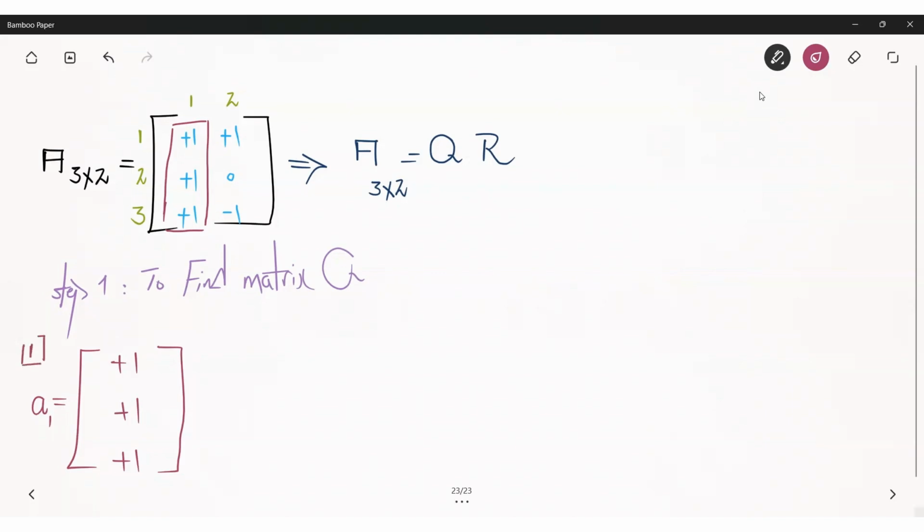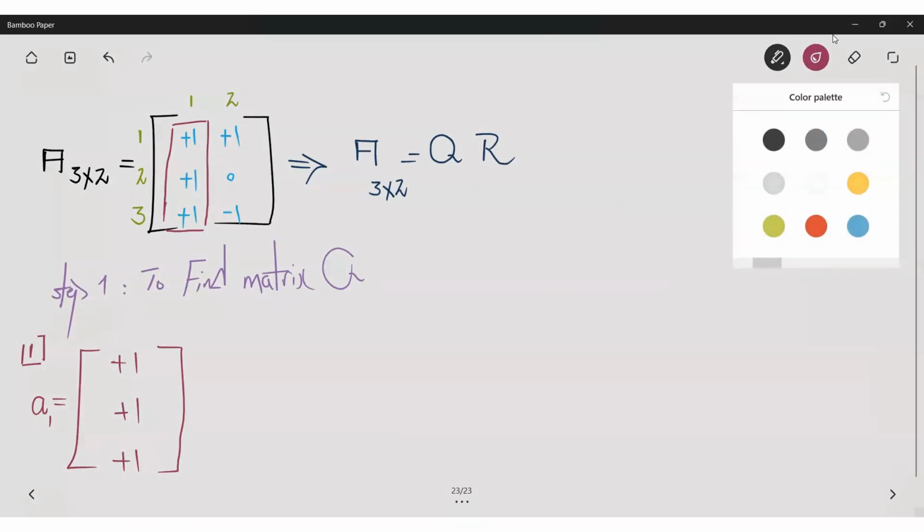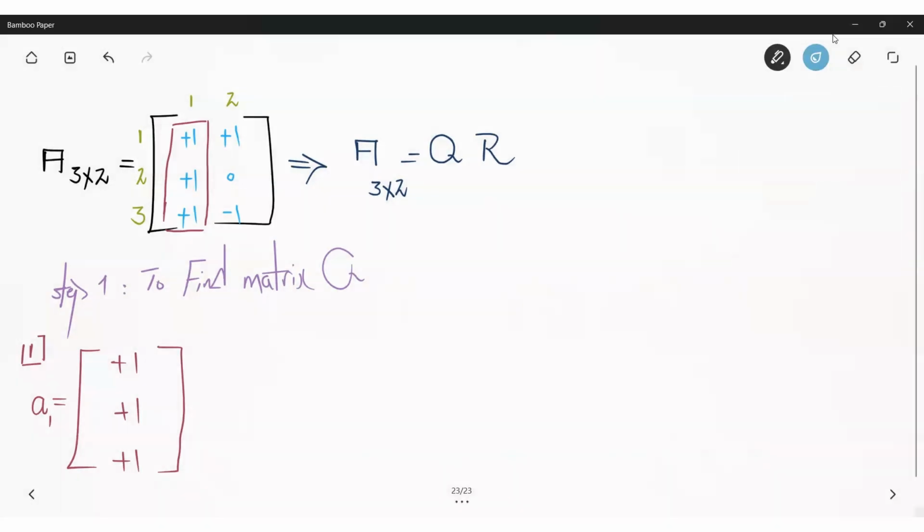When I build this vector, everyone remembers from maybe high school that if you had a vector, let me change the color, for example, V was a vector like that, A, B, C. It was a vector in space. You just wanted to find the norm of this vector. The norm of this vector was what?